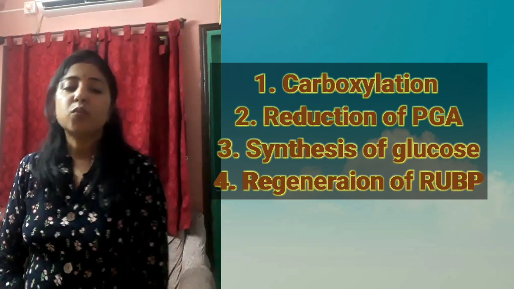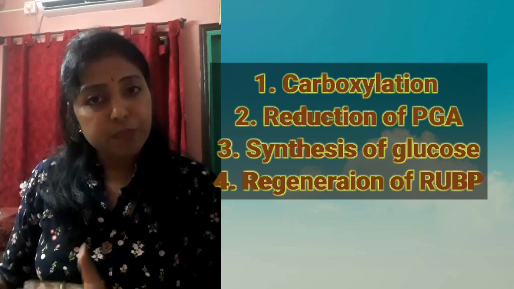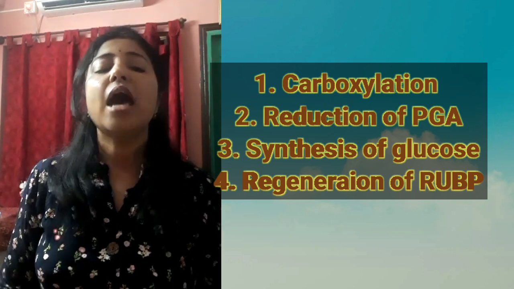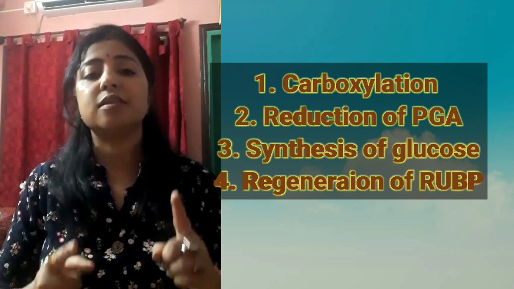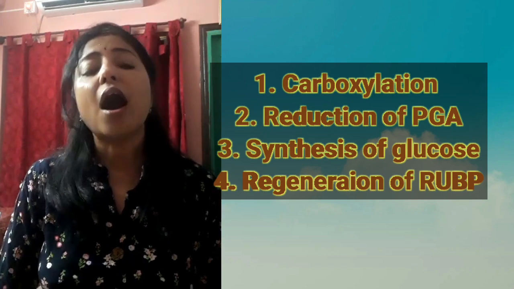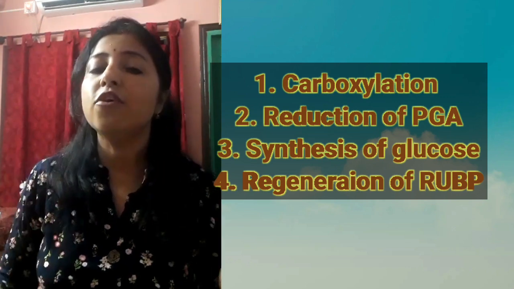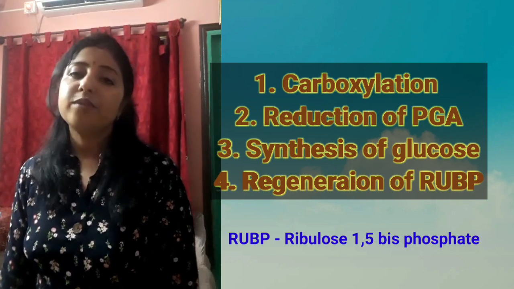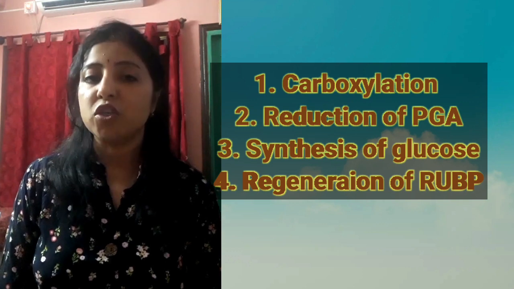Next, there are another two processes. One is synthesis of glucose and another one is resynthesis or regeneration of RuBP. What is the full form of RuBP? RuBP full form is ribulose 1,5-bisphosphate.